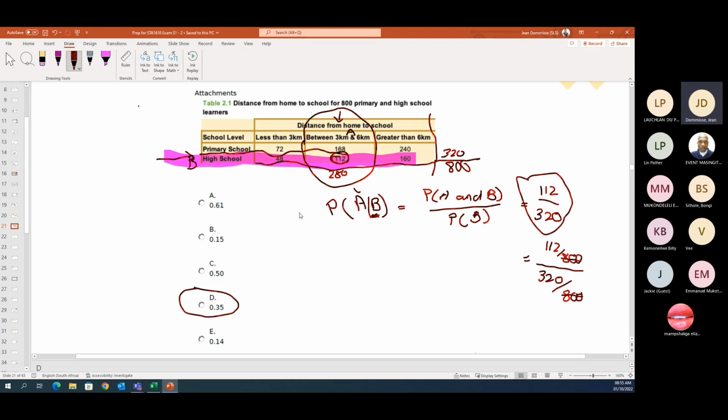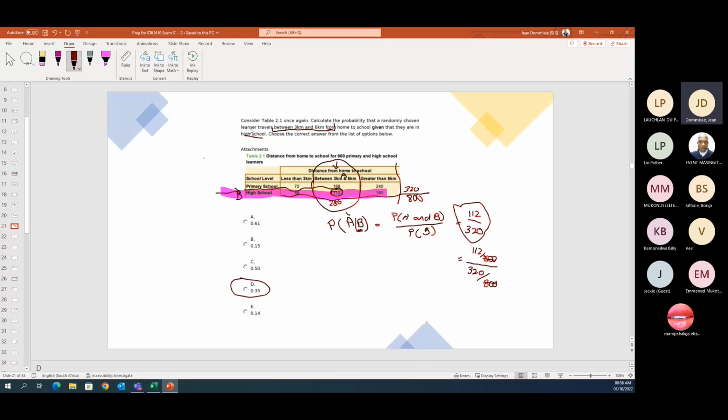But the important thing on this question for me is that they give us, and they even highlighted it, that this is given. So when it's given, it is the conditional probability.